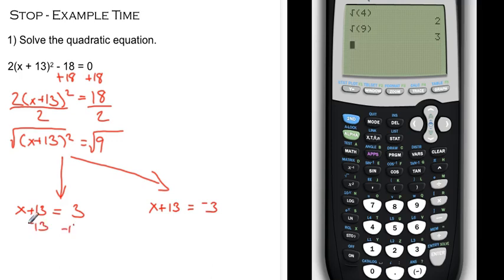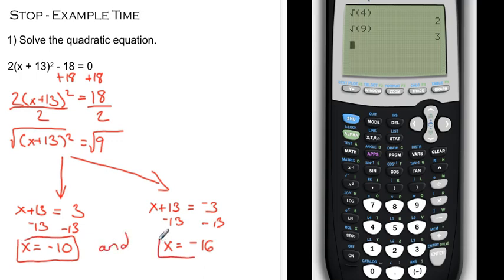So I would subtract 13 from both sides and get x equals negative 10. Over here I would subtract 13 from both sides and I would get x equals negative 16. And those are my two solutions. x equals negative 10 and x equals negative 16.